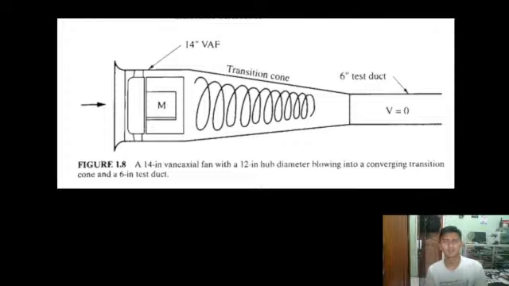To the designer's surprise, he found zero air velocity in the 6-inch test duct. The reason was that the remaining air spin past the fan became so strong in the transition cone that the friction path became excessive and used up all the static pressure available.